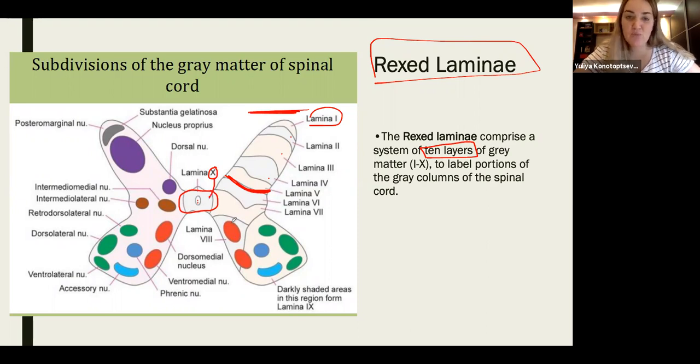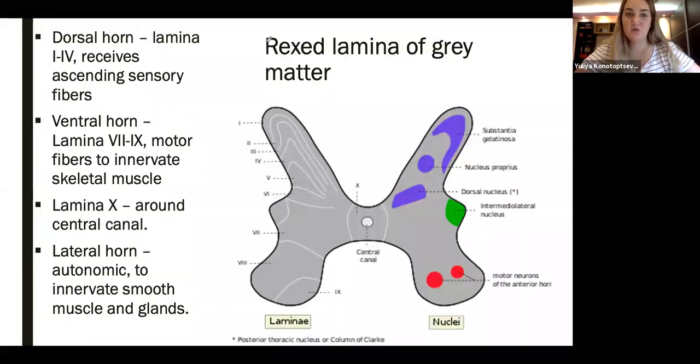Which laminae are going to be present in the ventral horn? Laminae 7, 8, and 9. So what about 5 and 6? Where are they? They're in the lateral horn. If you have a lateral horn, they will be there. So again, in the dorsal horn, we have laminae 1 to 4.